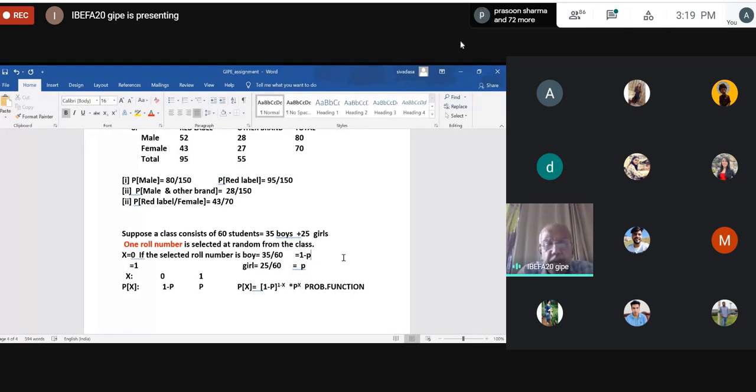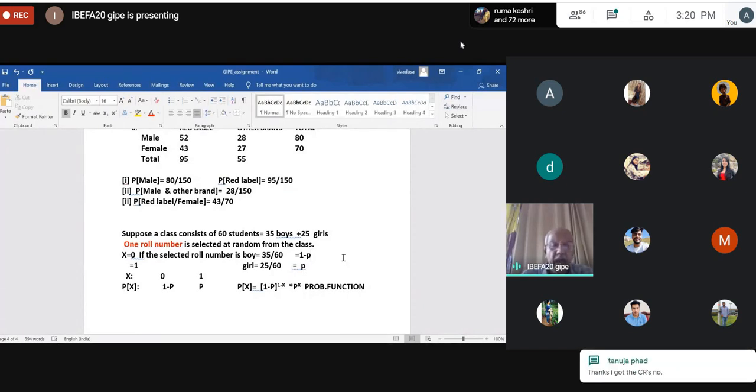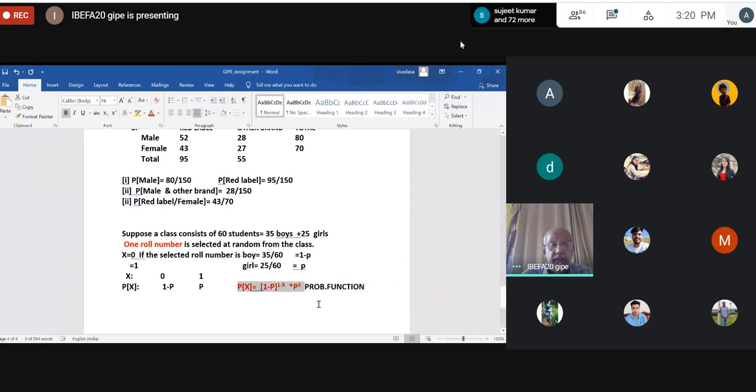And the corresponding probabilities are 1 minus P and P. This finally you can write down as probability model for the experiment. And that is called probability function.